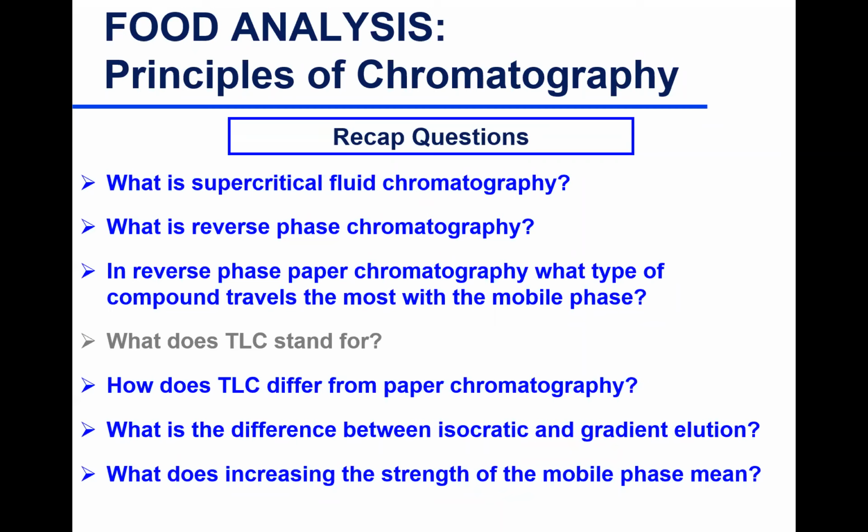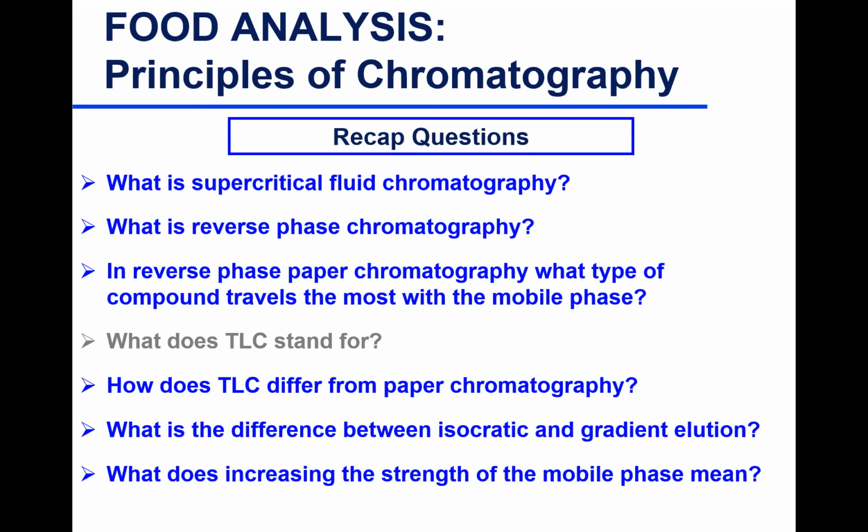Okay. How does thin layer chromatography differ from paper chromatography? What are the unique differences? The silicone. Cat. This is Cat. The silicone or other like substance that's put on the metal instead of just having paper. Yeah. So how does that make it?